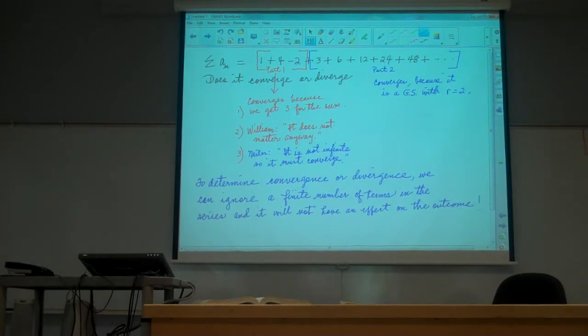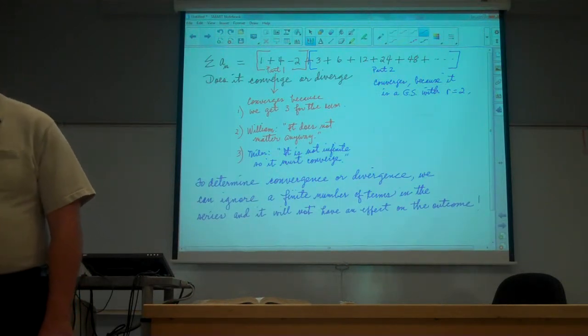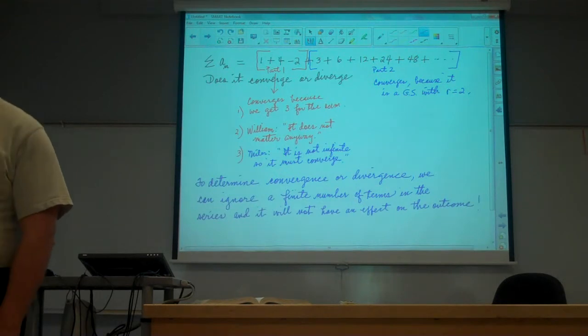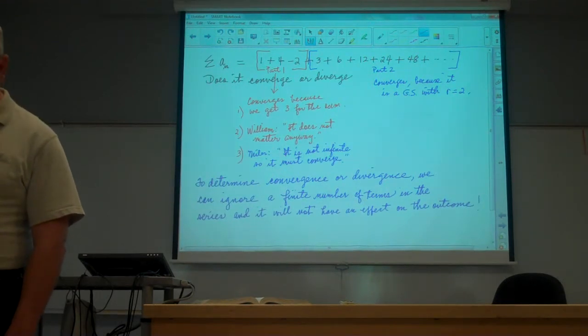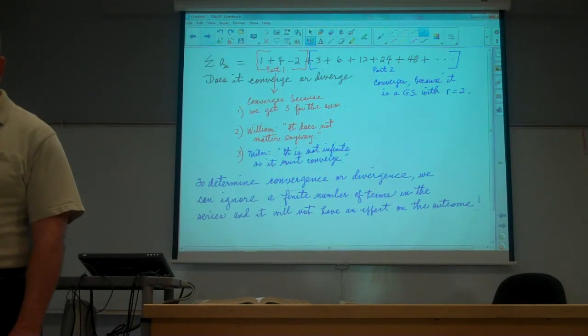So it was Josh that first quickly spotted that from the 4th term on, that's a geometric series. So now you know what I would have done is I would have taken my pencil and drawn a line through the first 3 terms, and I would have said, ignore these. You get the idea?